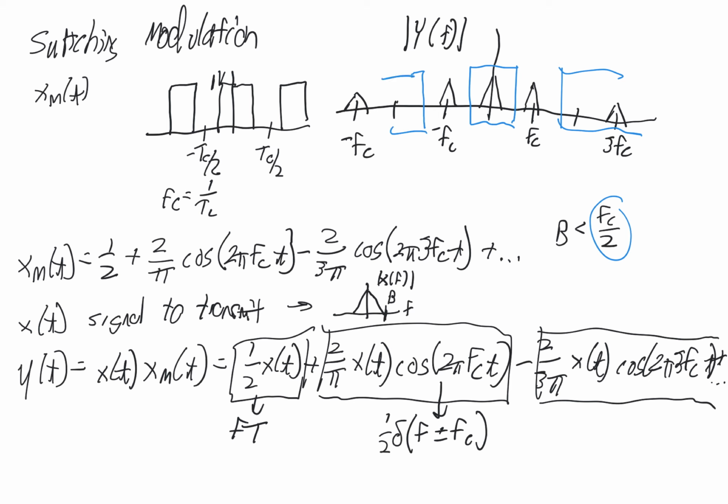So we need to go at least from fc to fc plus the bandwidth, and we might go as high as fc plus fc over 2, which is halfway to that next one. Or we could even go further because nothing happens at 2fc. But in any case, we need a band pass filter that keeps this signal right here. And it'll also keep that one, since we're going to have a real signal, it will have positive and negative.